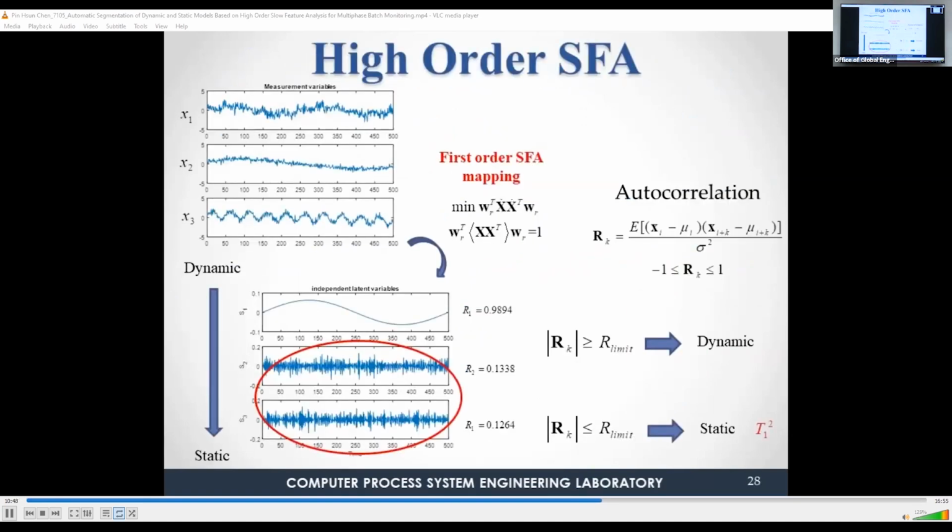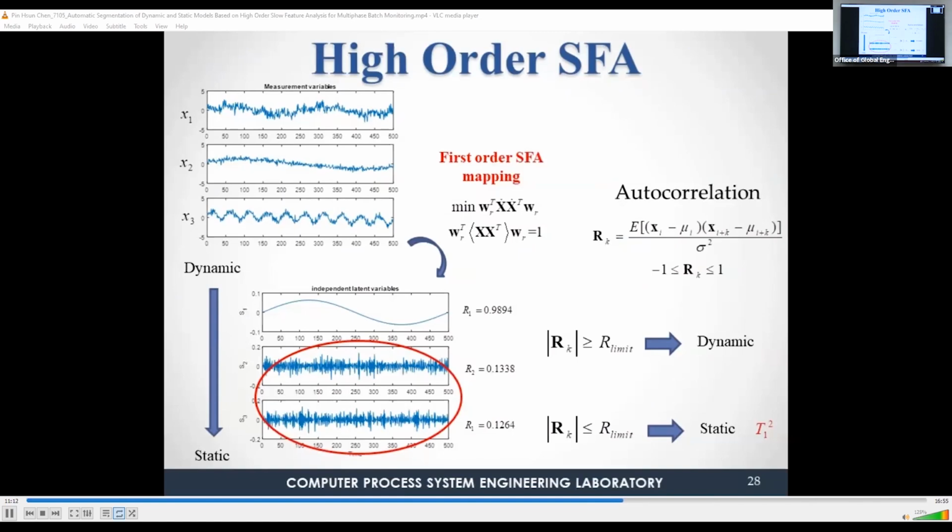In the first-order SFA, it can transfer the original data projection into a dynamic from fast to slow through projection. In this way, the traditional SFA creates the T2 of its latent space. But the T2 assumes that the data is independent and Gaussian distributed.